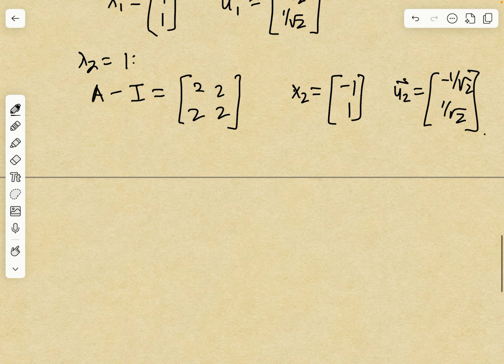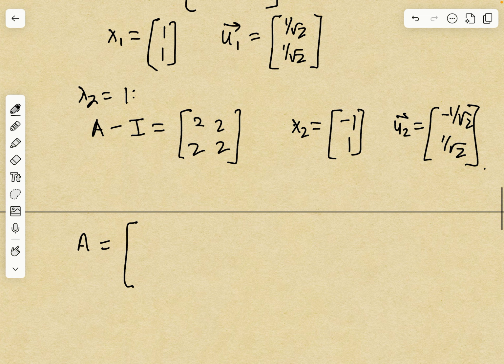Okay, so our so-called diagonalization of A, we're writing A in the form Q lambda Q inverse. Our Q is going to have columns u1 and u2.